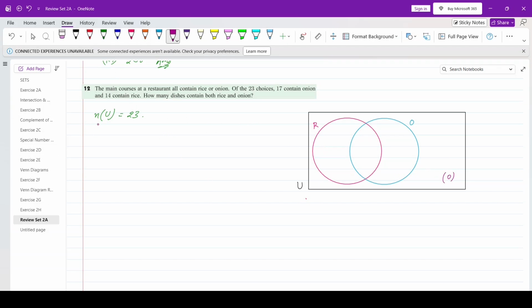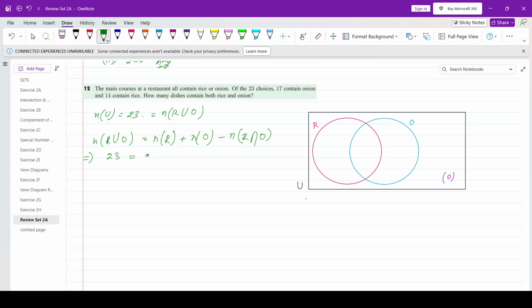Now 23 is also equal to the number of elements in R union O. And we know the number of elements in R union O is going to be number of elements in R plus number of elements in O minus number of elements in R intersection O. That is going to be 23.